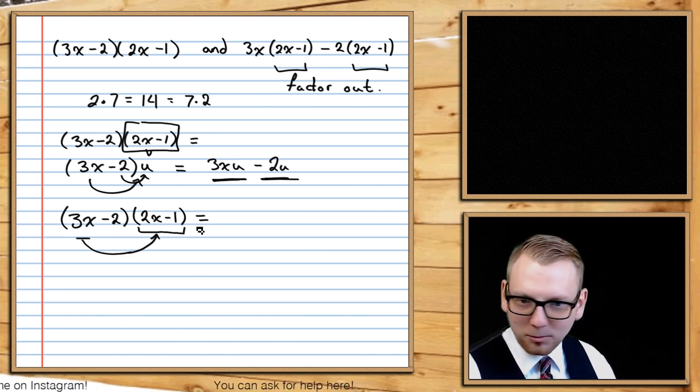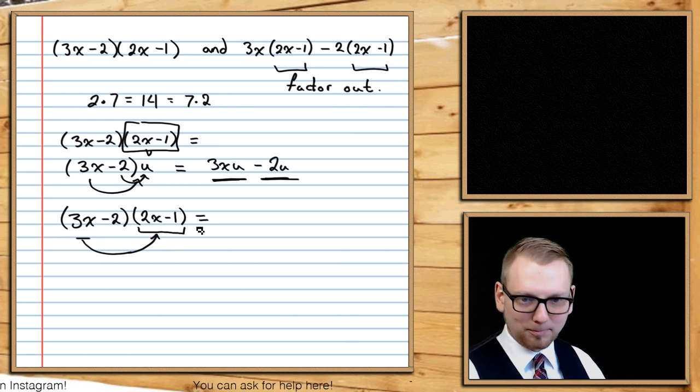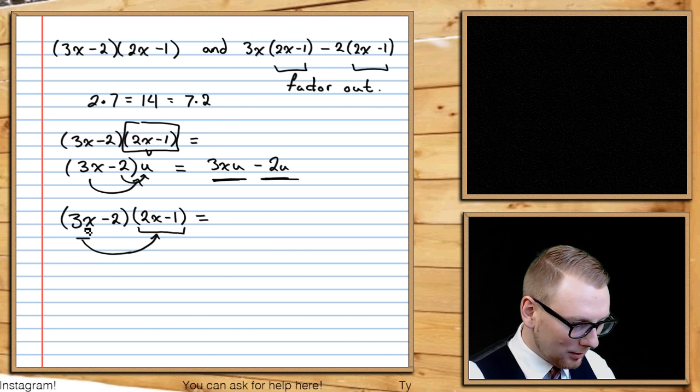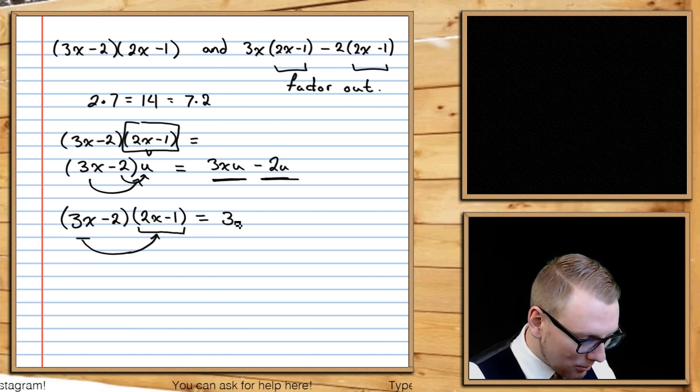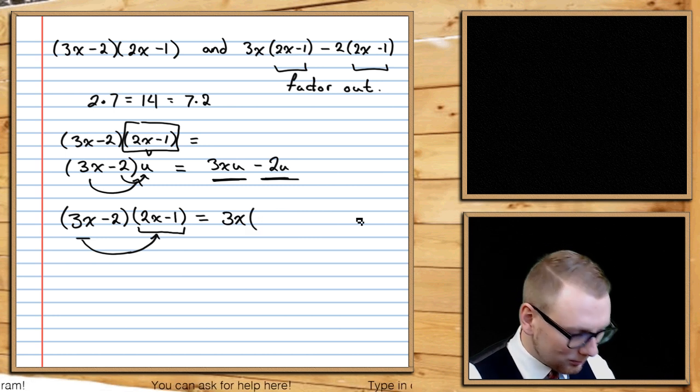No, just don't multiply it through. Just write it out one step at a time. So you would still have that 3x. And then what is it multiplied onto?